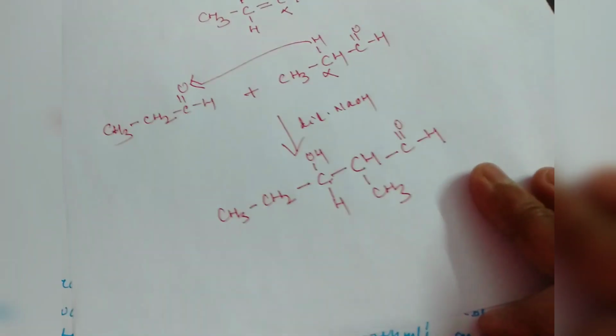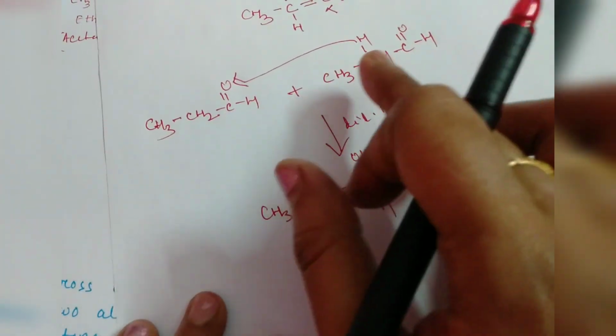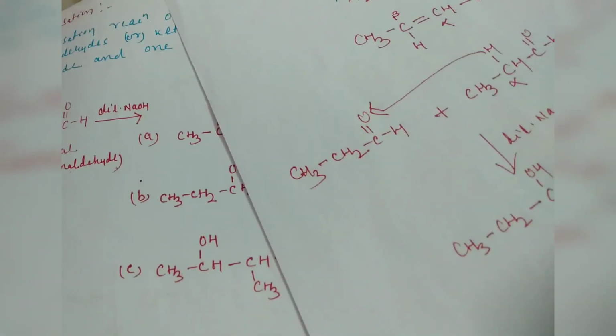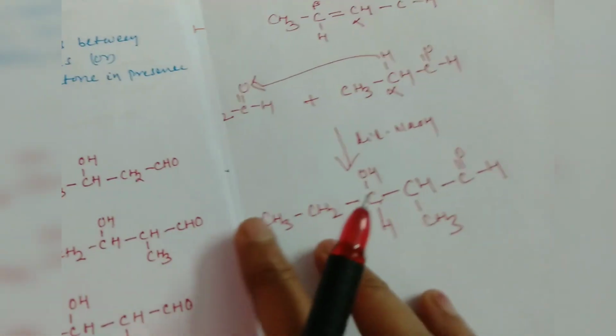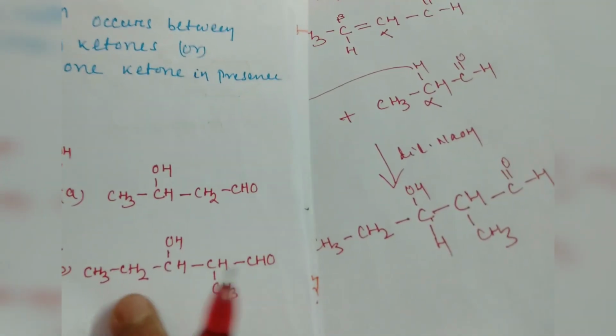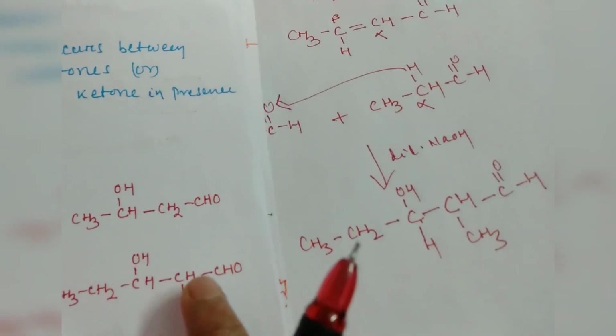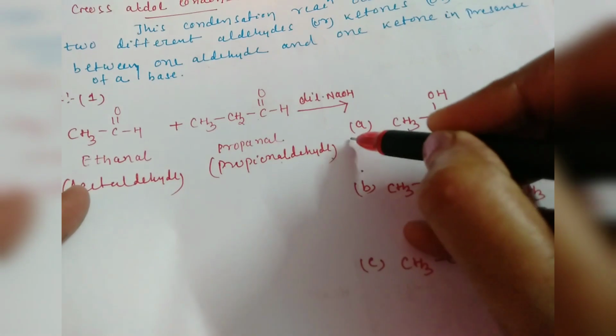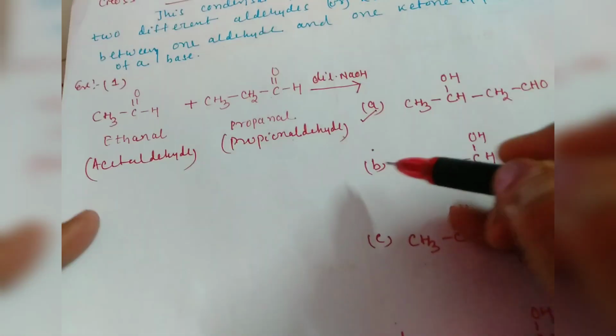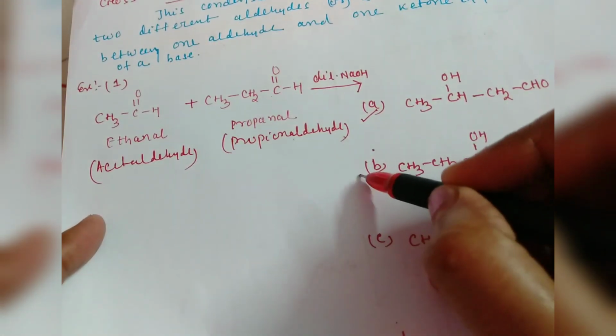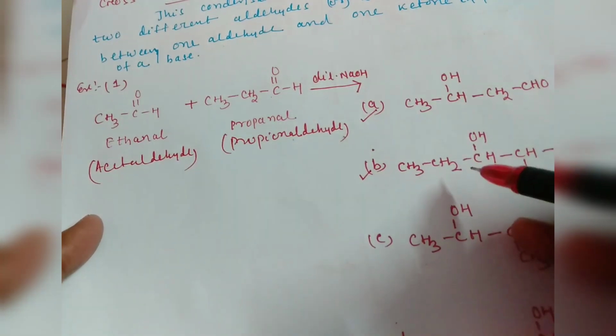So this is when propionaldehyde reacts with itself. See the product: CH3 CH2 CHOH CH CH3 CHO, the second product. This is the first product, self-condensation of acetaldehyde. This is self-condensation of propionaldehyde.